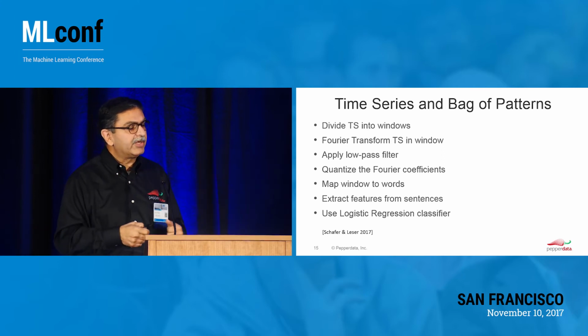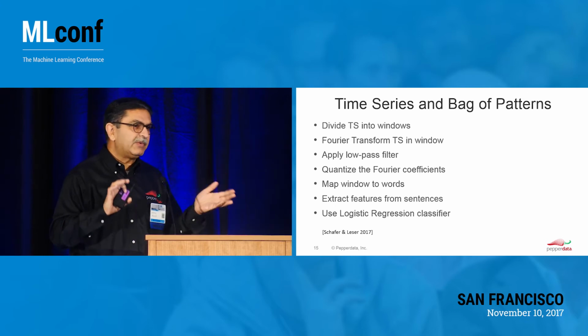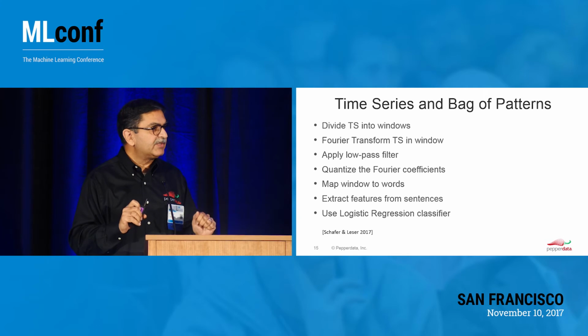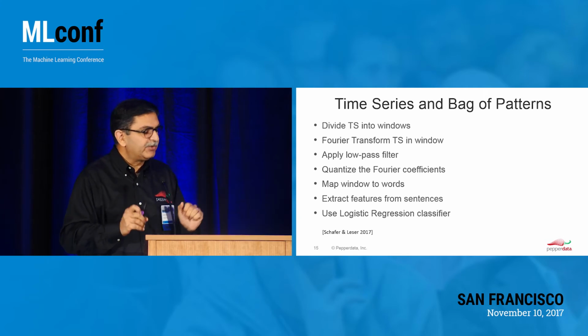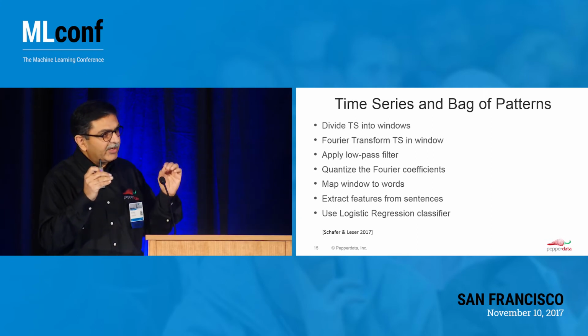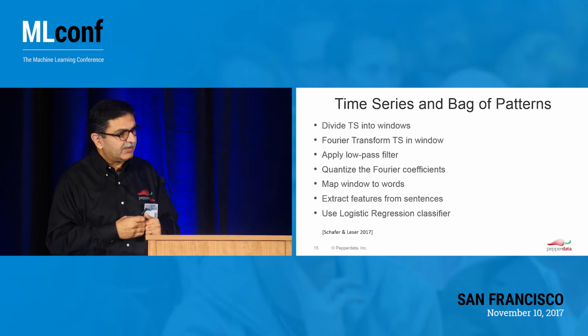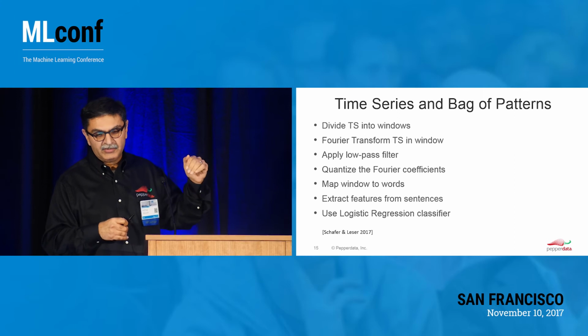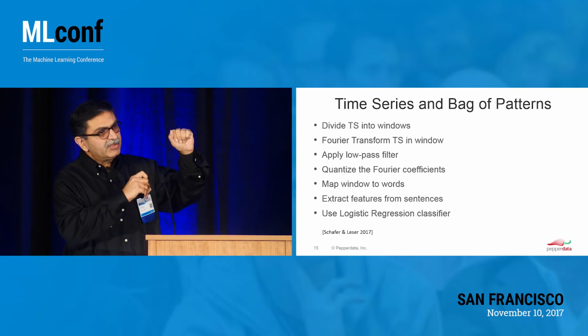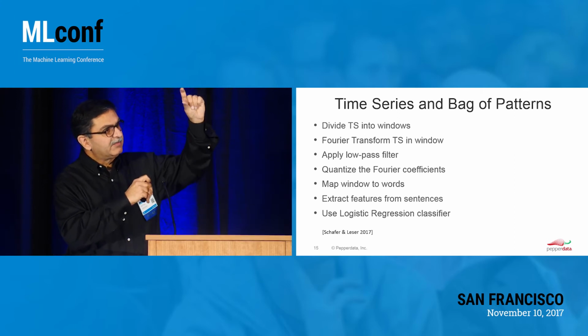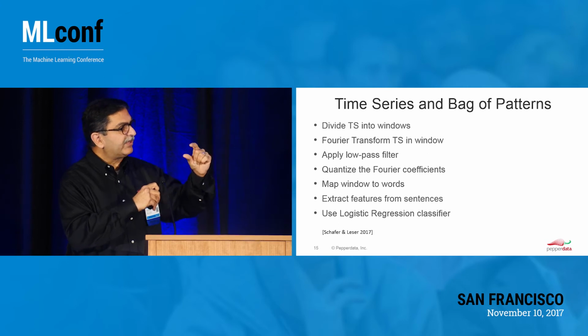Now they take the Fourier coefficients and quantize those. There's lots of interesting cleverness, and it's worth reading the paper because it's really cute. They quantize the Fourier coefficients, and then they map each of these quantized areas to letters.